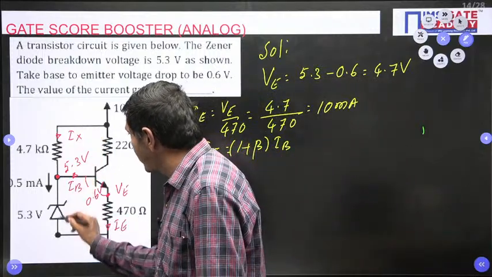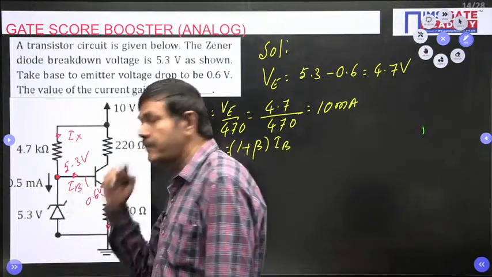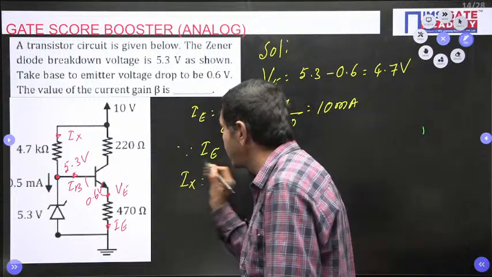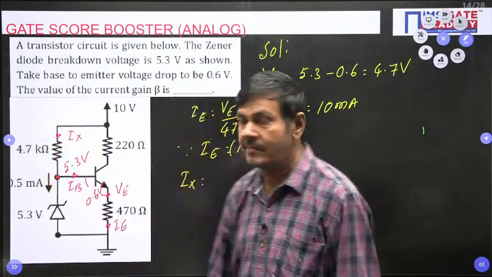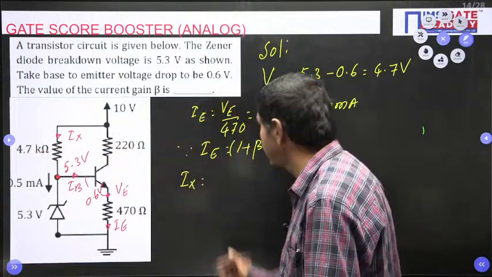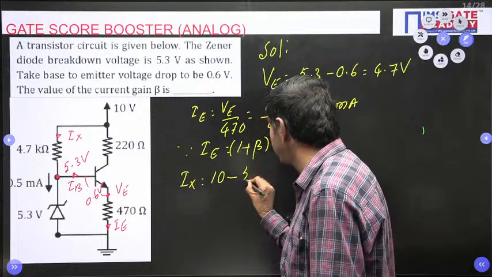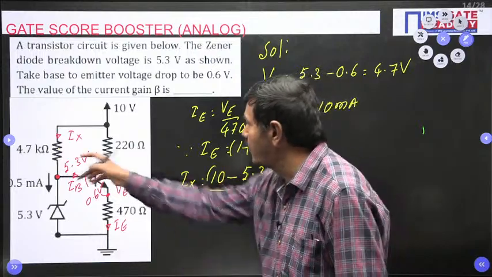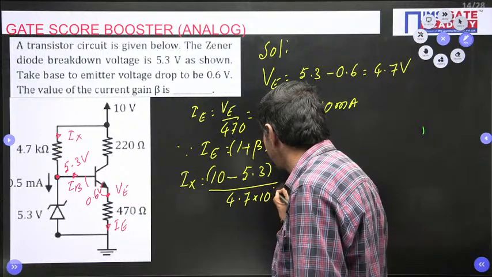IX equals 0.5 plus IB only. So if I know IX, I can measure IB. How to measure this IX? That is more important. IX is nothing but the current across 4.7 kilo ohms. That is nothing but (10 minus 5.3) divided by 4.7K, that is 4.7 times 10 power 3.